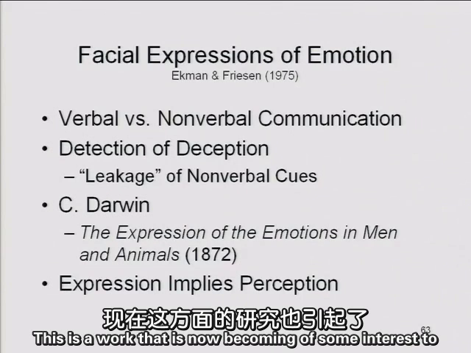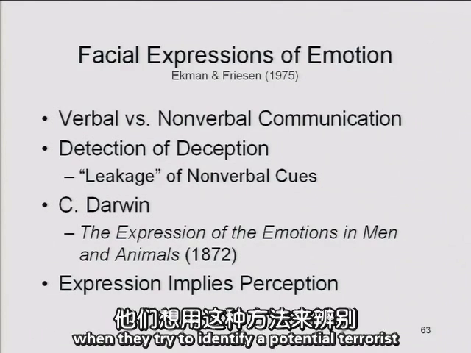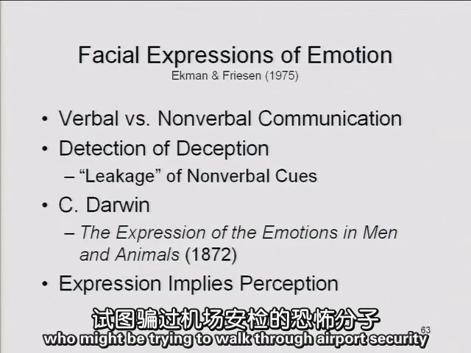This is work that is now becoming of some interest to, say, the Department of Homeland Security when they try to identify potential terrorists who might be trying to walk through airport security.